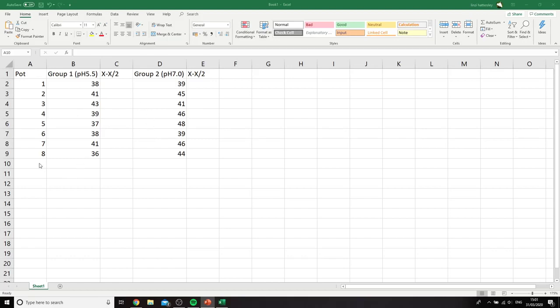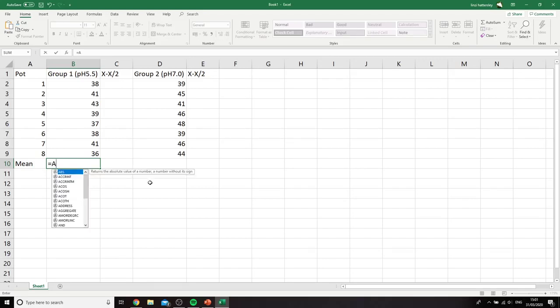is work out the mean. We need to work out the mean of these two groups. And the way we do that is with equals. Whenever we put equals in Excel, we are telling Excel to calculate something.